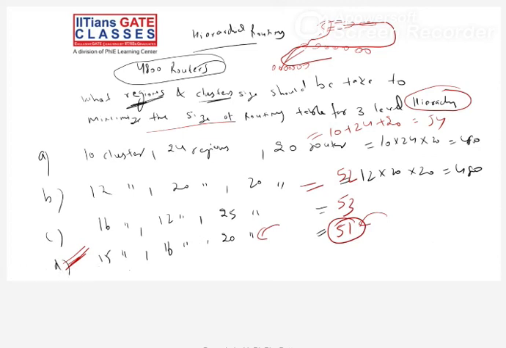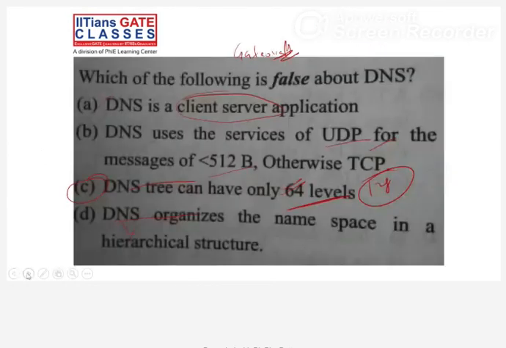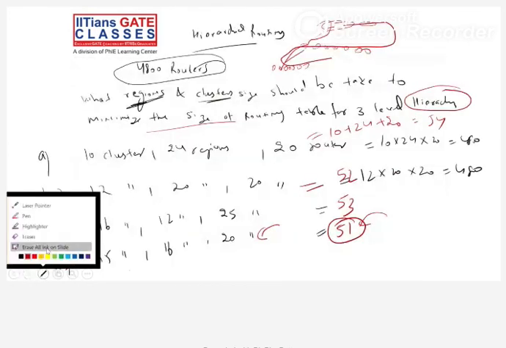So which sizes should we take to minimize the size of the routing table? Minimizing the size of the routing table means how will you decide which option is very good? 10 clusters, 24 regions, 20 routers, or 12, 20, 20, or 16, 12, 25, or 15, 16, 20?